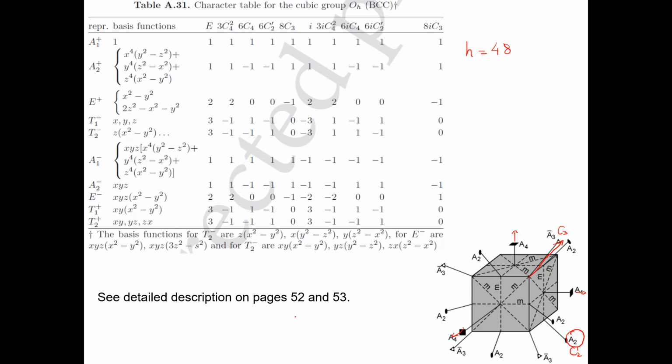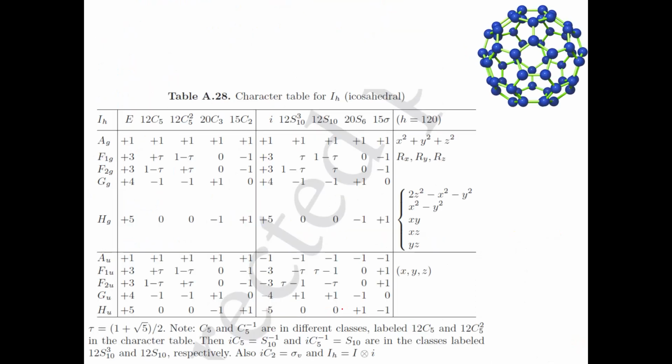You can find a very detailed description of the different cubic groups in pages 52 and 53 of the textbook, and we can use this as a reference because we're going to work out many examples for cubic groups.